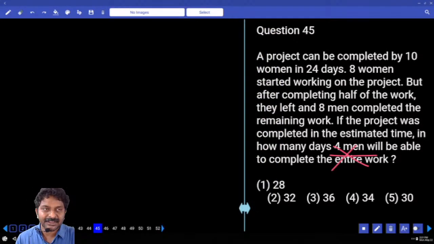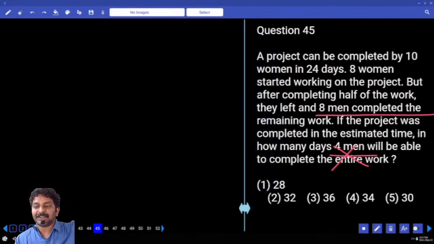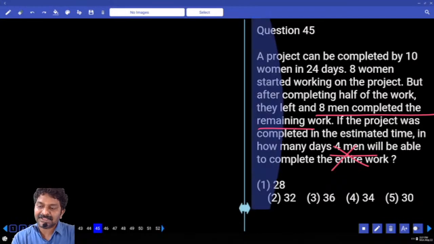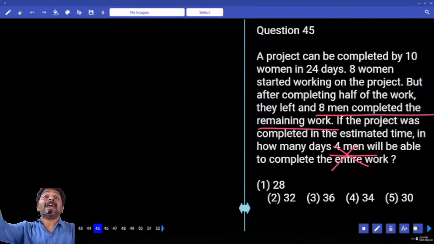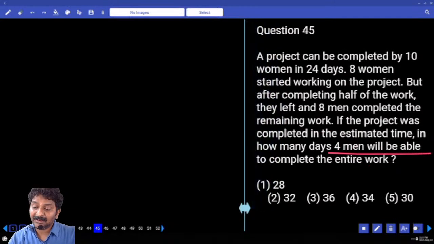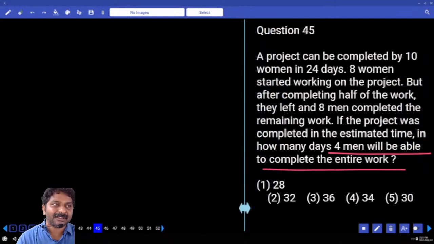Apart from this, the information says how many men started work and completed the remaining work. With this information, can you calculate the total time taken by 8 men to complete the total work, and from that, the time taken by 4 men?